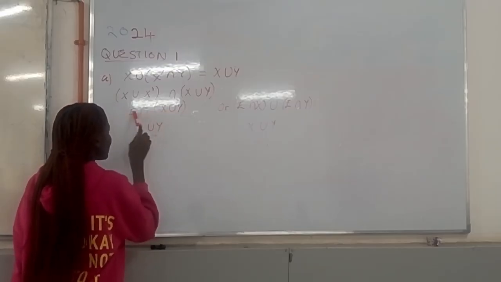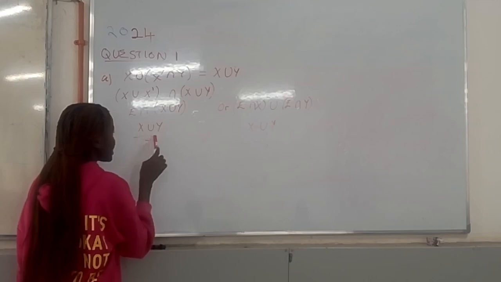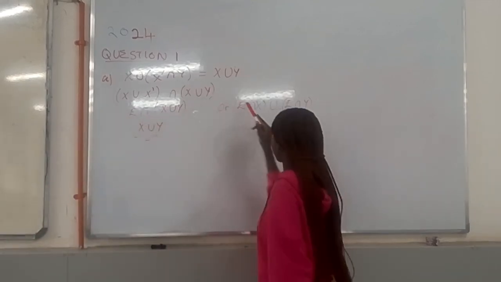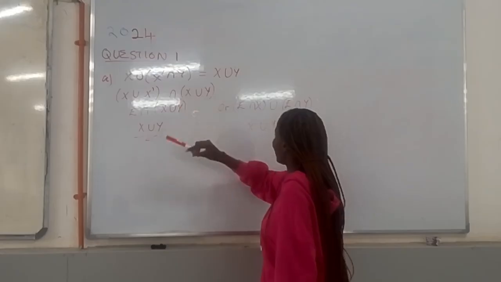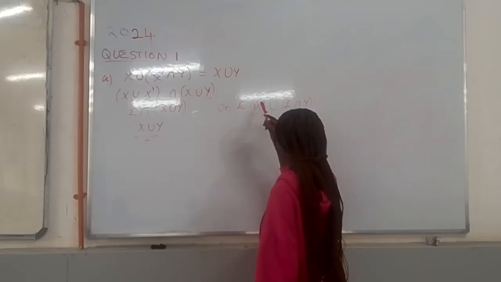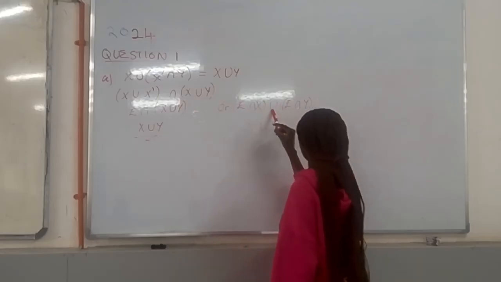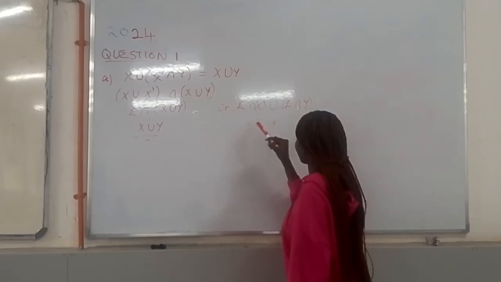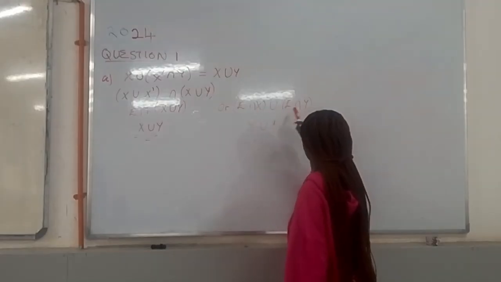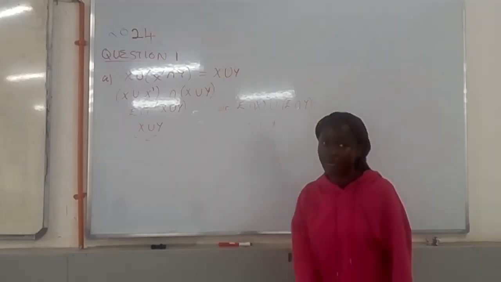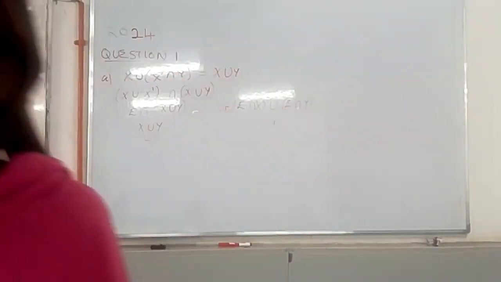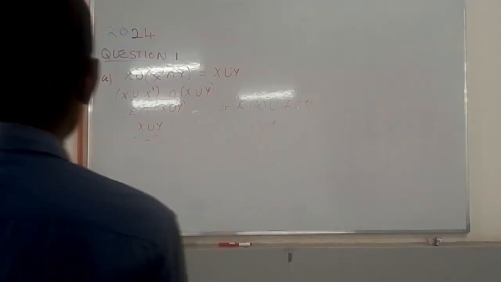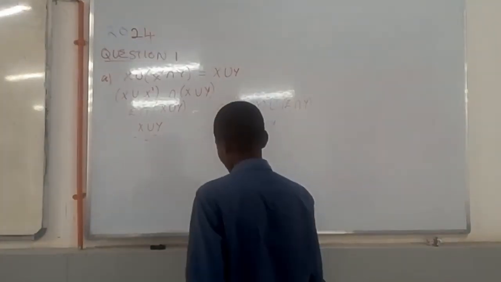But you can also do it another way: universal intersection with x set union universal intersection y. Universal intersection x will give you x, union this will give you y.